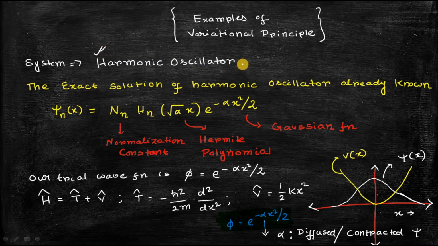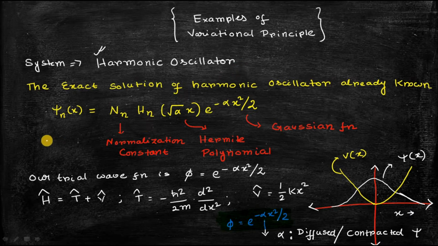You have already gone through this system, and I have given dedicated lectures on the harmonic oscillator. If you haven't, you can go back to my previous videos, where you will get the detailed lecture on this part.